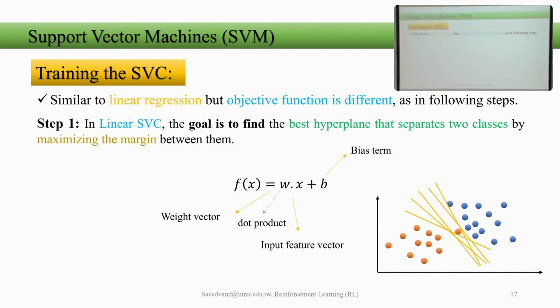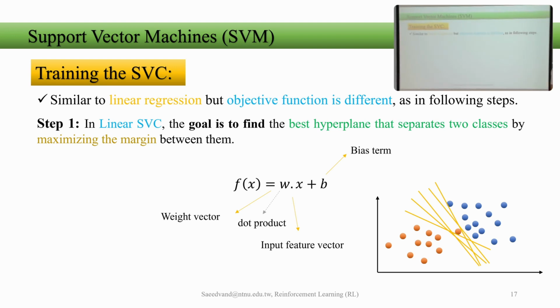We want to see how we can train a support vector classifier. The concept looks similar to linear regression. Why? Because this hyperplane is a line in 2D, and in 3D it is a plane, and it looks very similar to what we were doing in the regression model.